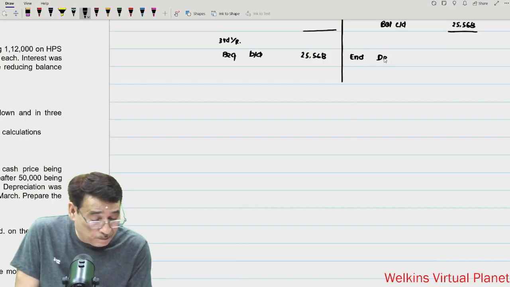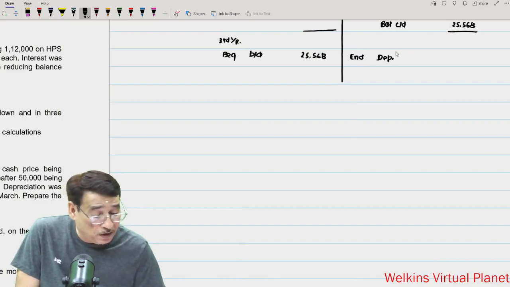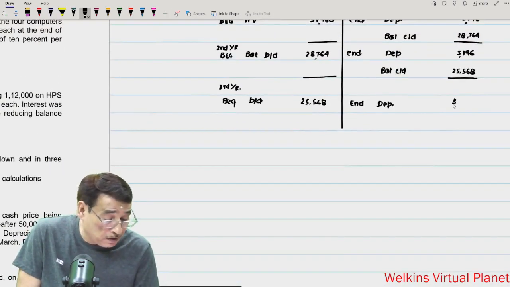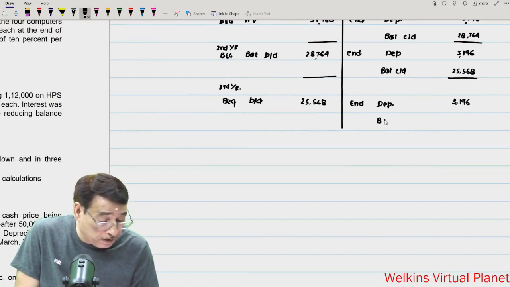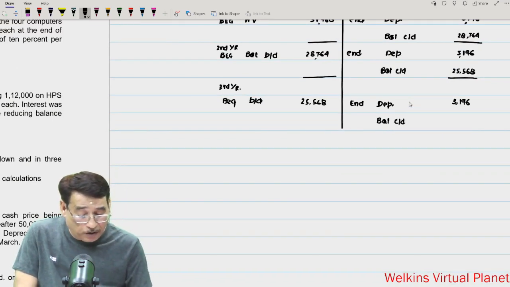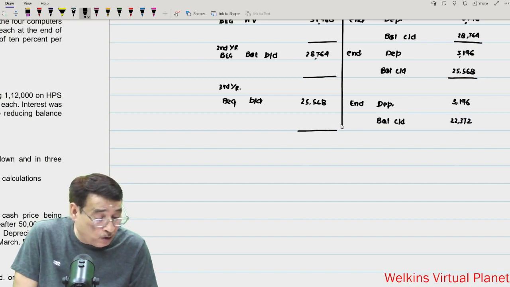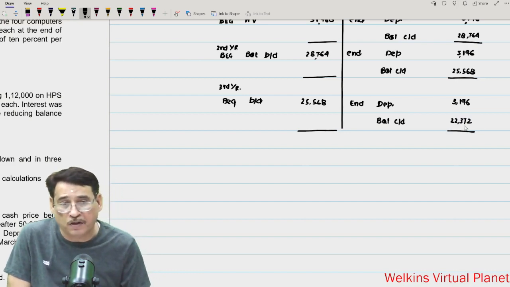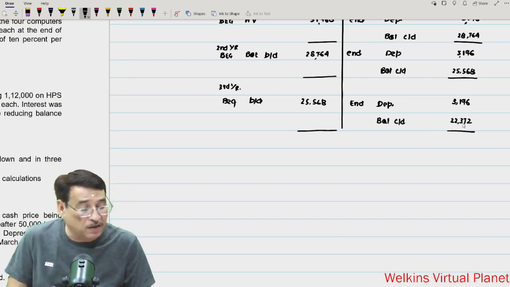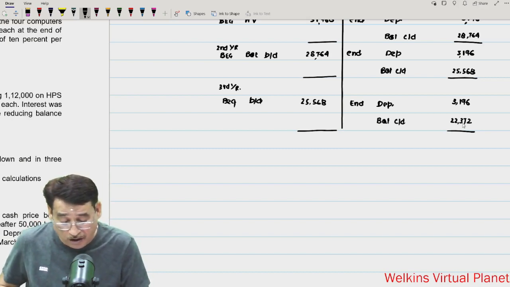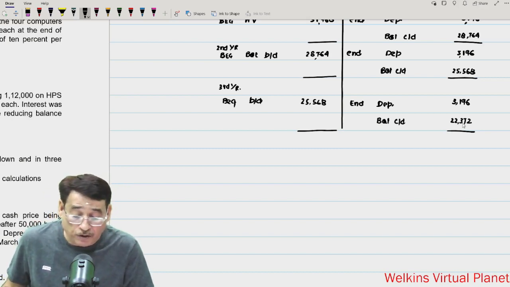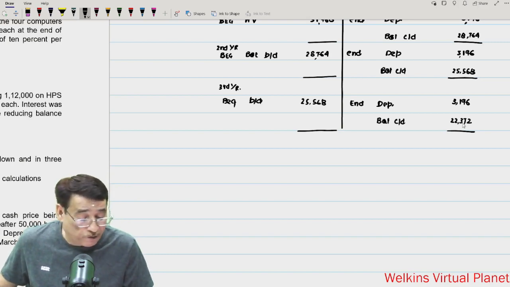You will charge the depreciation. The depreciation amount is 3,196. So by the end of the third year, the balance of this particular account is 22,372. That means the date on which the ownership will pass to the purchaser, this asset is having a value of this much. And that is what we call information which we derive from this.